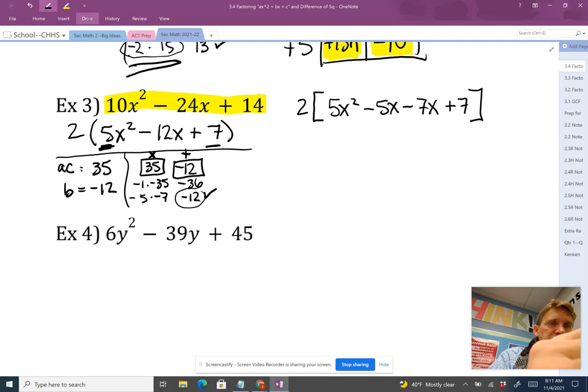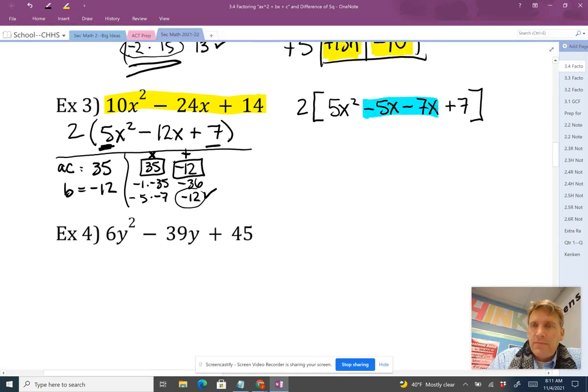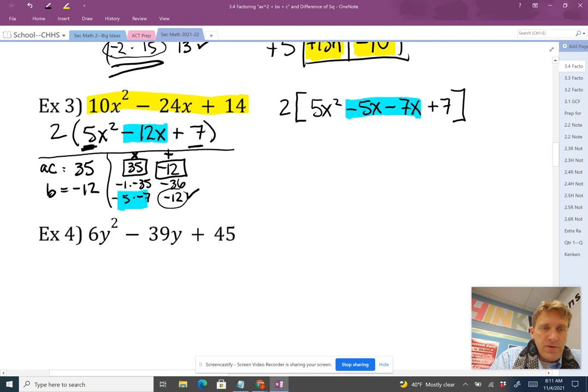And these two, minus 5x and minus 7x, are this minus 12x. And they came from the numbers that we found when we multiplied together minus 5 times minus 7 to get 35. But they equal that minus 12x. And so now we've broken this into 4 terms. I'm going to use a box for the inside of this.